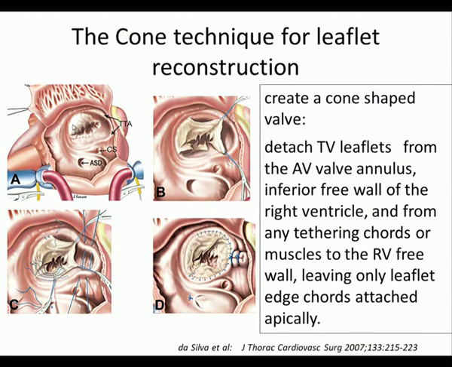So in his procedure, which is called the cone operation, he detaches the anterior leaflet, the inferior leaflet, and the septal leaflet, mobilizes all three of them, and sutures them side to side so that you create this cone shape to this valve.